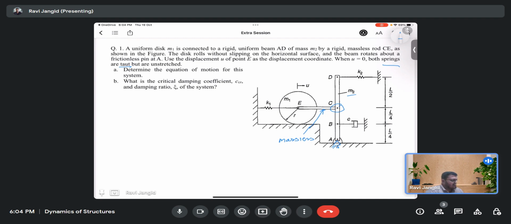If I apply a unit displacement u, there will be a force developed, and a force applied to this rod.